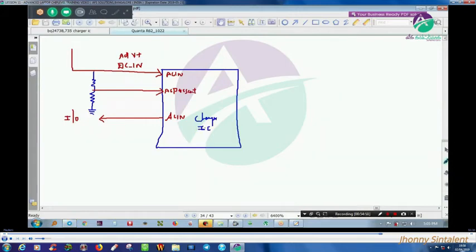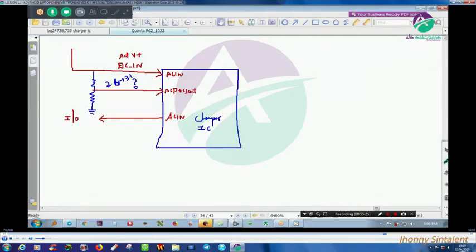So this circuit is very important. Now you can ask me, how much is the AC present voltage? It depends upon the charger IC. Sometimes it starts from 2.6 volts and the maximum is 3.1 volts, not more than that. If it is more than that, the AC in will not come.